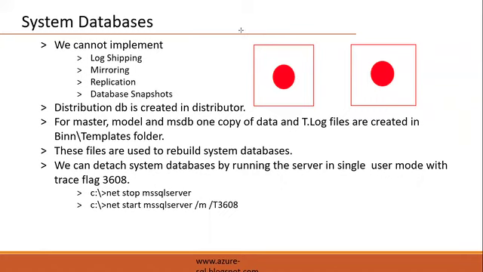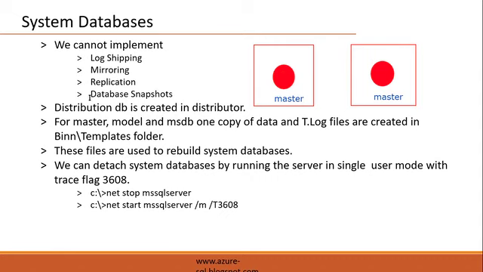This is our server 1, this is server 2. Here the master database is there. If we could maintain this master copy as it is, then whatever data is there, the same data, not only names, would be the same. Why?